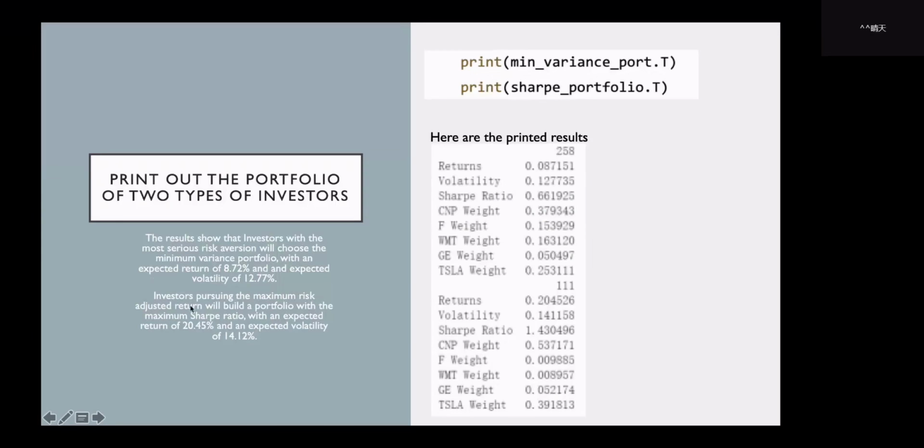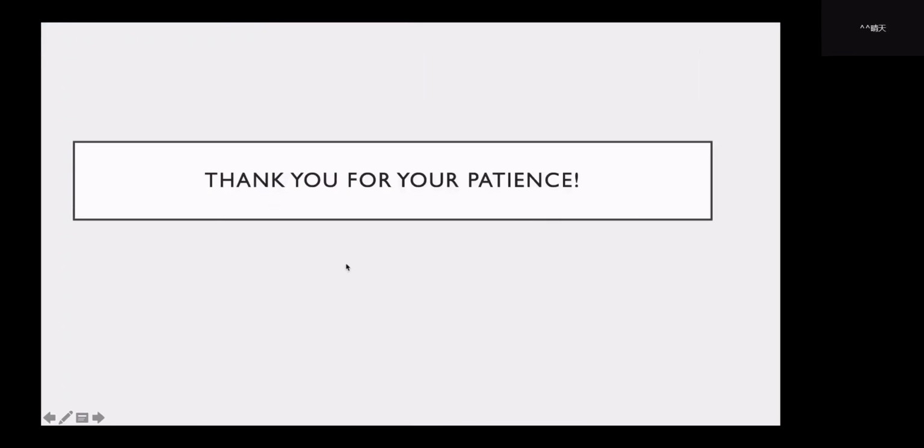The investors pursuing the maximum risk-adjusted return will build a portfolio with the maximum Sharpe ratio, with an expected return of 20.45% and an expected volatility of 14.12%. Thank you for everybody's patience.